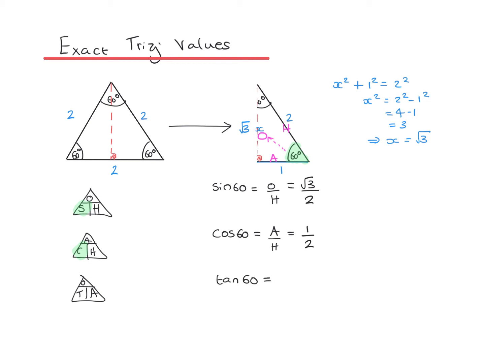And then the tan of an angle is equal to the opposite divided by the adjacent, which is root 3 divided by 1, or root 3. And we can check all of these values on a calculator. But it's really interesting because it shows us that the sine, cosine, and tan of 60 are all exact values. So that means they're not just long decimal numbers, they can actually be written in an exact format.